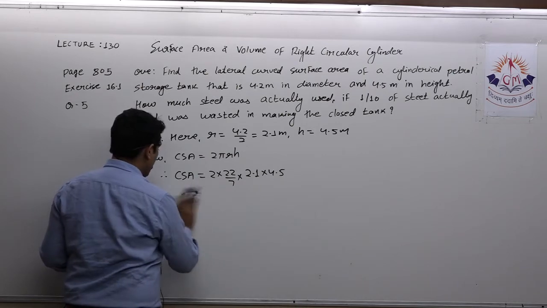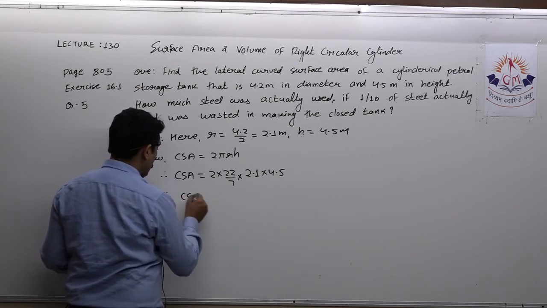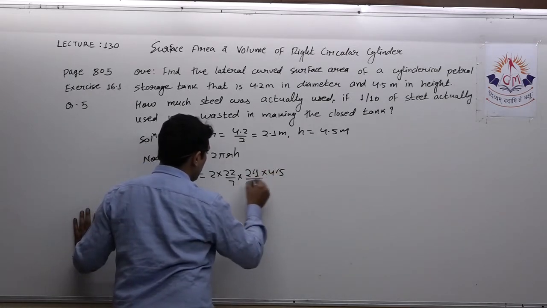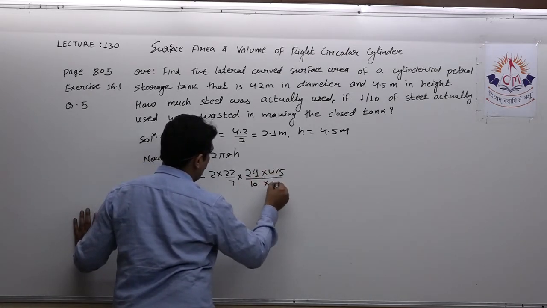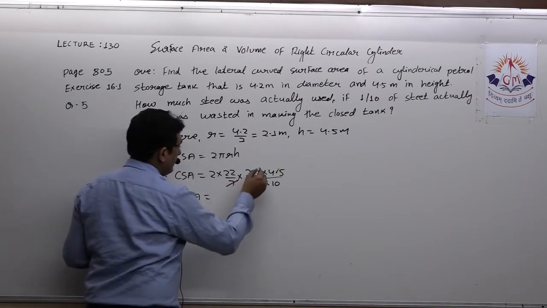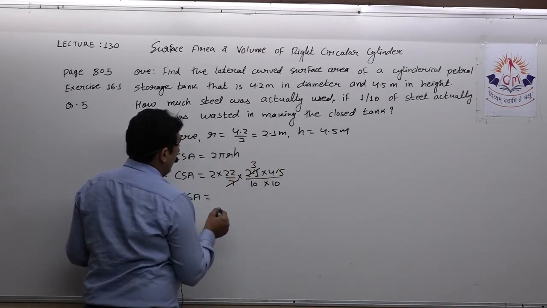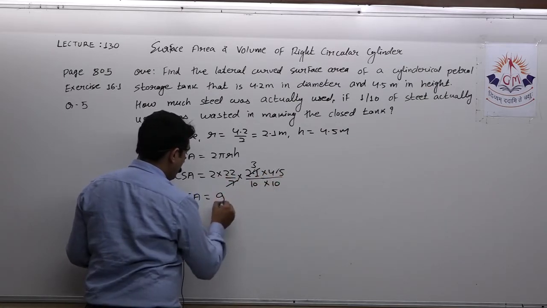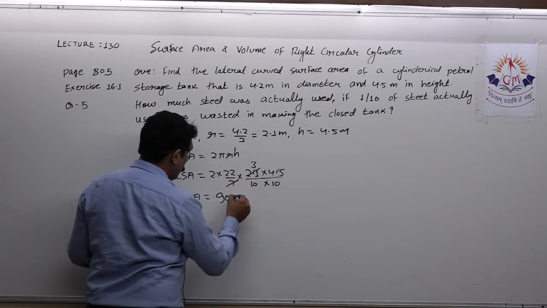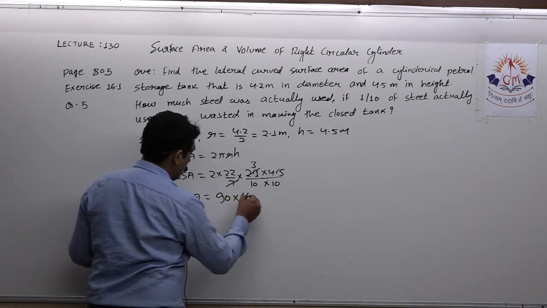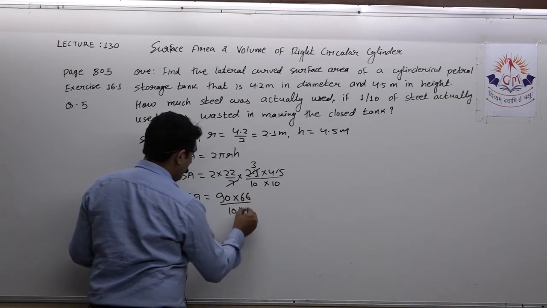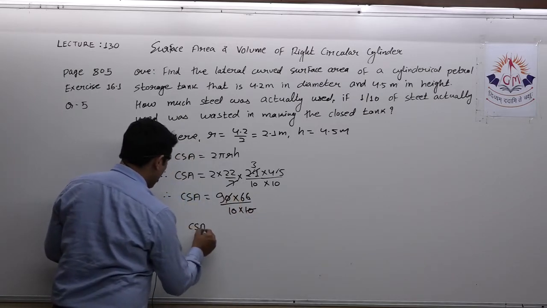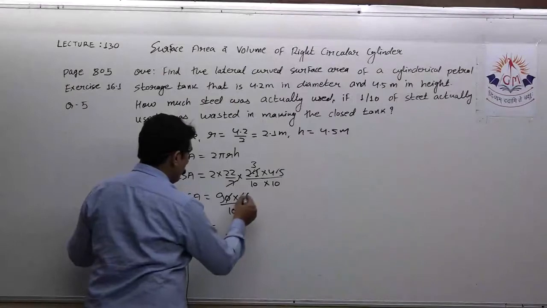If I remove these decimals, here I will get 10, here again I will get 10. 7 3s are 21. Now 2 into 45 is 90, 22 into 3 is 66 upon 10 into 10. This 0 and 0 cancel. So ultimately CSA is equal to 9 into 66 upon 10.